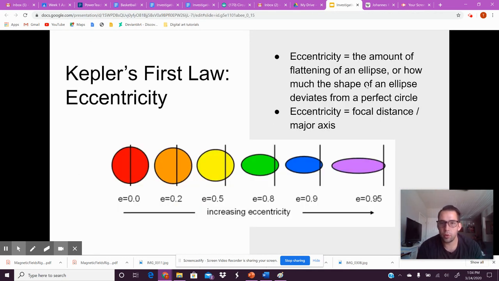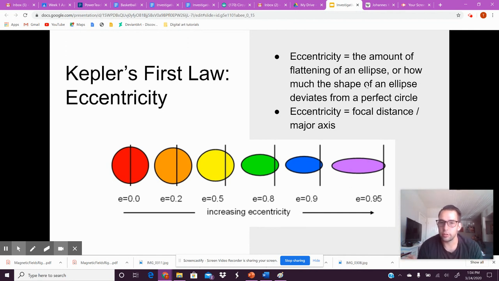If you take the focal point distance and you divide it by the major axis, you're going to end up with something between 0 and 1. If it is 0, that means that there is no distance between the focal points. It means that the focal distance is 0, and 0 divided by anything else is going to be 0. So you get a perfect circle. The closer to 1 you get, the more stretched out it's going to be.